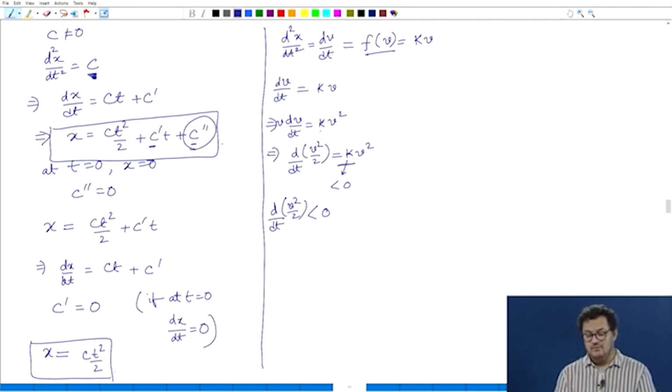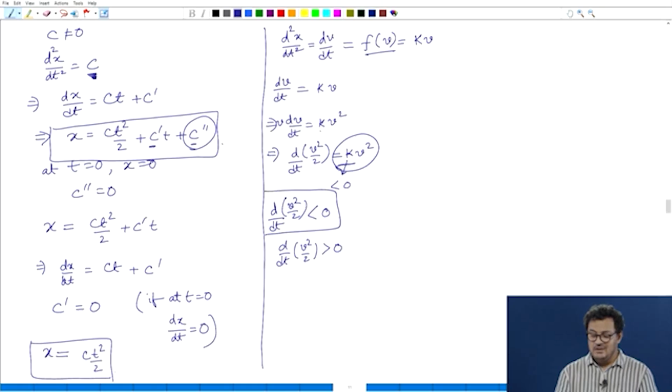Then you actually find d dt of v square by 2 is greater than 0. So, such type of force directly plays a role like an energy sink or an energy pump. Okay.